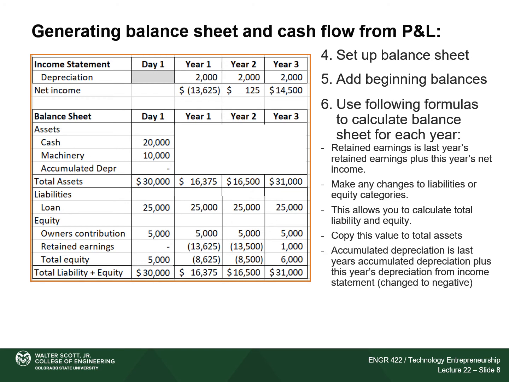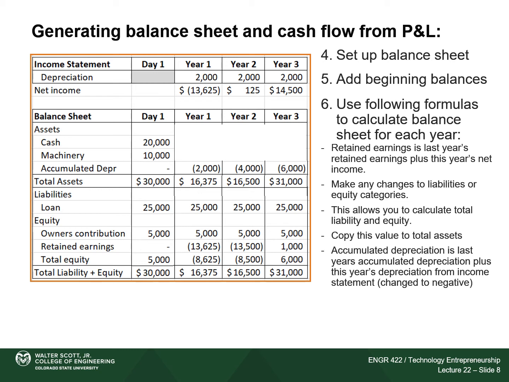Next, what you do is you put the accumulated depreciation in the line right above total assets. The accumulated depreciation is basically the depreciation for each year added to the depreciation that was there the previous year. So you can see here we have the machinery.